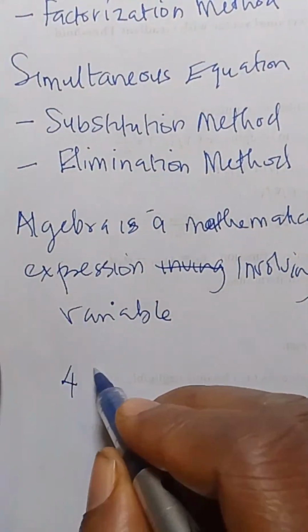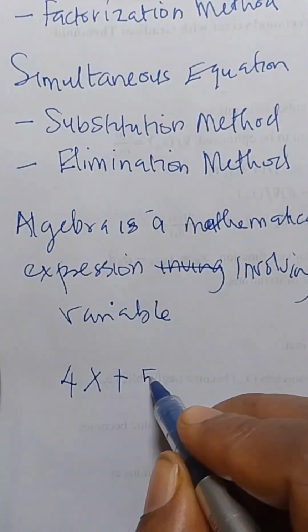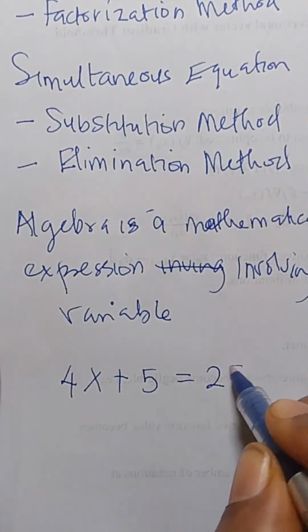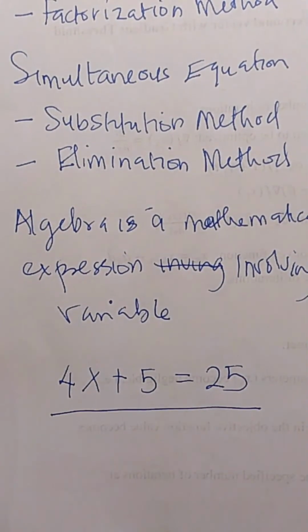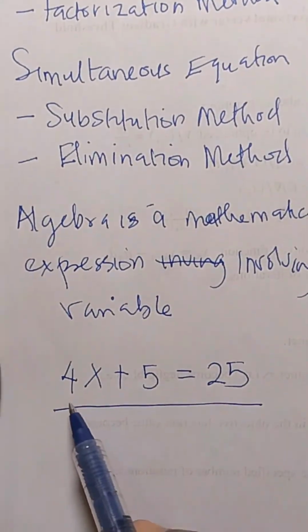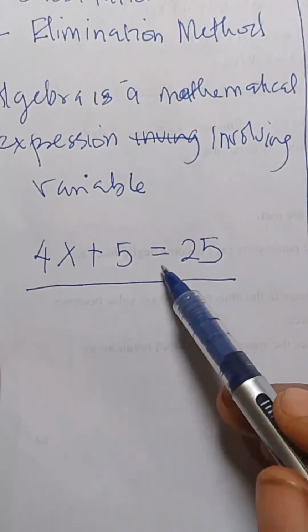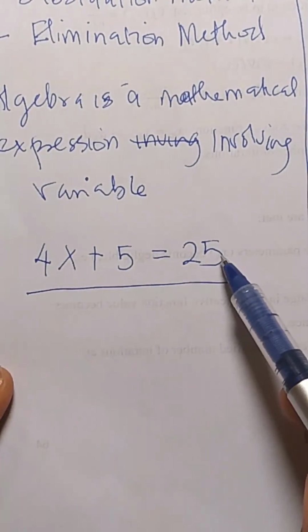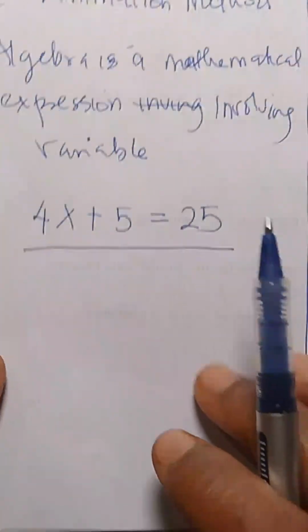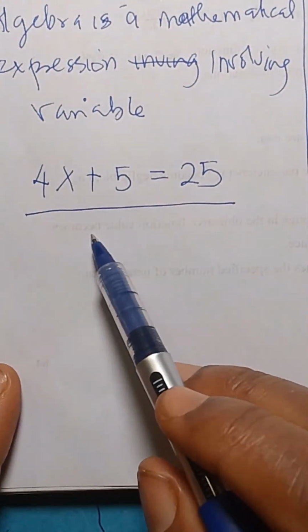Let's say we are given 4x plus 5 equals 25. Now, this is a mathematical expression. It's an equation. What is an equation? An equation is a mathematical expression that contains the equality sign. Whenever I give a mathematical expression with this equality sign, then it is an equation. What makes this algebra?